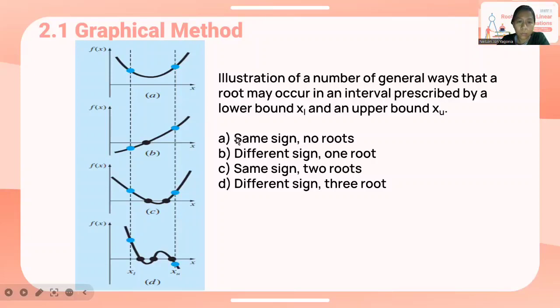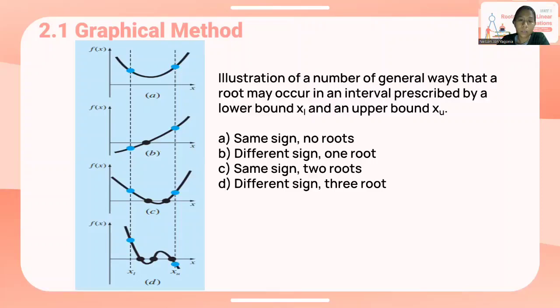In A, there are no roots since the curve does not cross the x-axis, and it has a positive sign. The 2 points both have the positive sign.